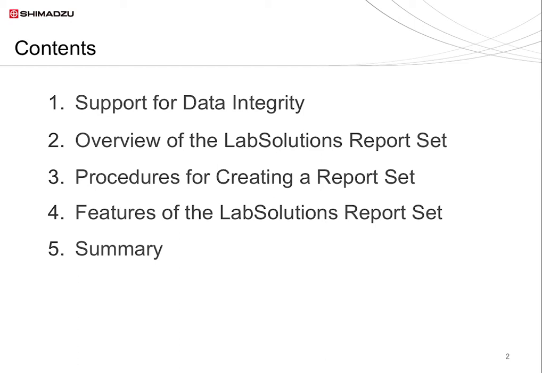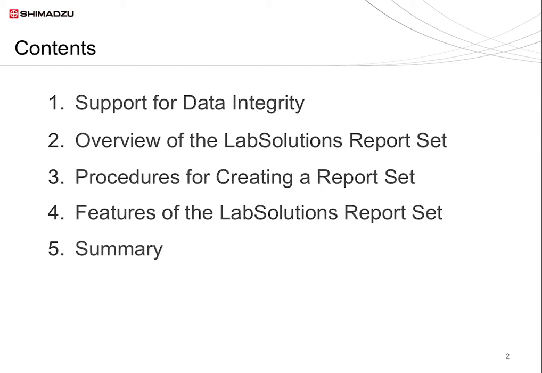First, I will describe what specific measures must be in place to ensure data integrity and the required scope of those specific measures. The second part of this session is titled Summary of the Report Set. In this part, I will look at what kind of system and what kind of features are required for data integrity.